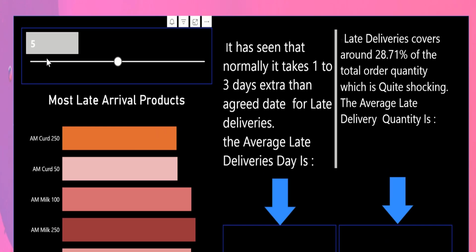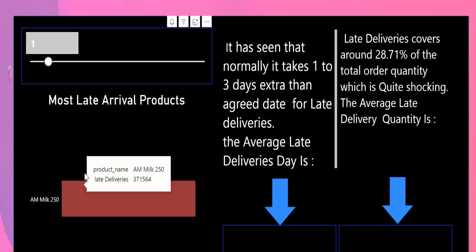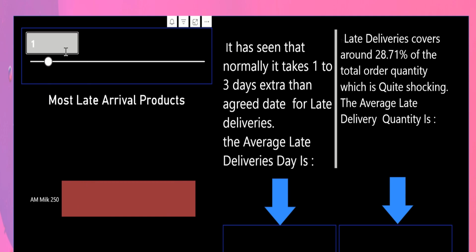If you do it like this, it becomes clearer, as you can see this AM milk as the top late arrival product. So you can just play it from 1 to 10 to see which one is the top 4 or top 5 late arriving product.